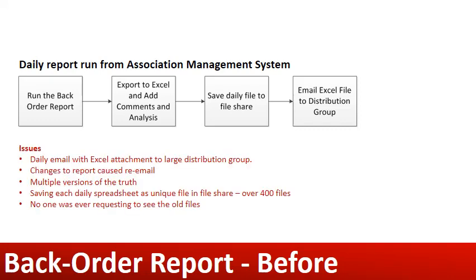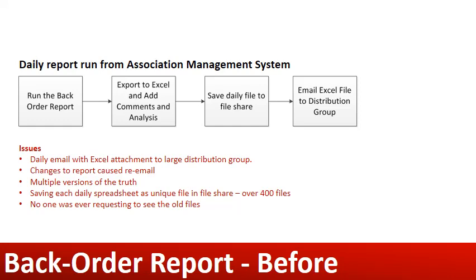So the problems here are, you had a daily email with an attachment to a large distribution group, so you're clogging up Outlook or Exchange with a bunch of attachments. If the report changed throughout the day, you'd have to send another one out. And again, you've got all of these instances of that file going everywhere. Which version is the truth? If something changes, does somebody necessarily know?